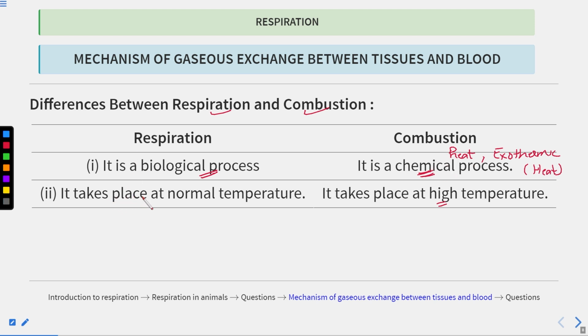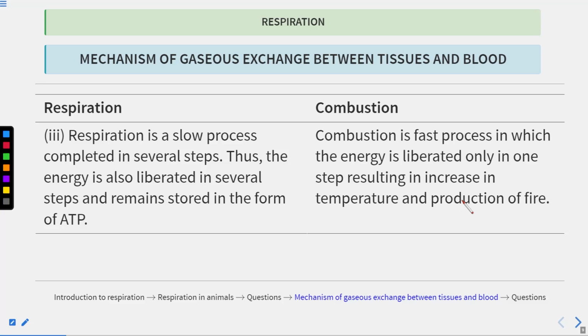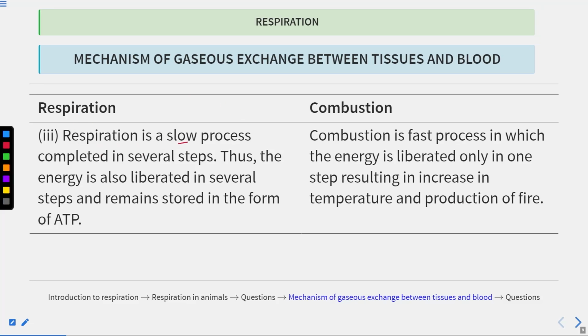Now the next difference is that respiration takes place at normal temperature, whereas combustion takes place at very high temperature. Now respiration is a very slow process and it is completed in several steps, means it is a multi-step process. Thus the energy is also liberated in several steps and it remains stored in the form of ATP. Okay, so ATP is generated, which is the source of the energy.